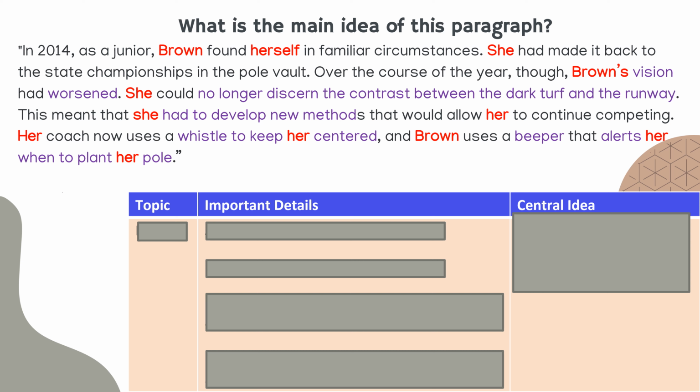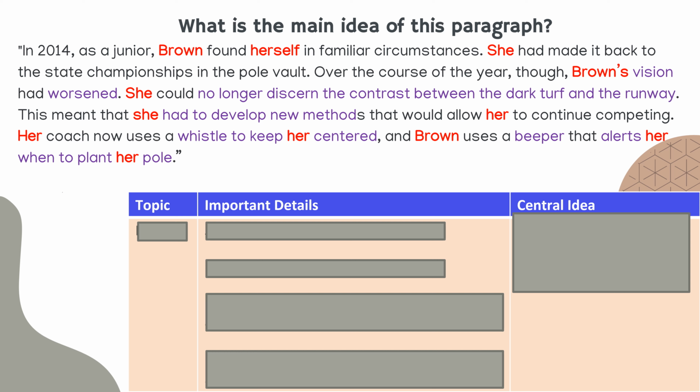She could no longer discern the contrast between the dark turf and the runway. This meant that she had to develop new methods that would allow her to continue competing. Her coach now uses a whistle to keep her centered, and Brown uses a beeper that alerts her when to plant her pole.